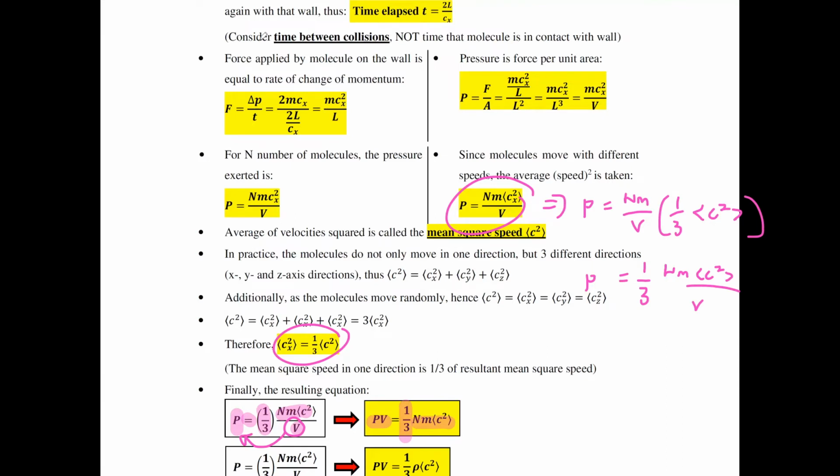Okay, this is the equation that you need to remember when it comes to the pressure exerted by an ideal gas inside a container. Okay, and the derivation is something that you need to know.